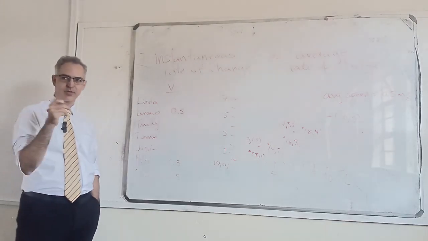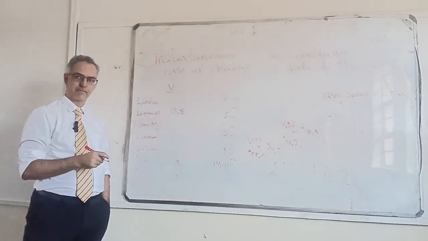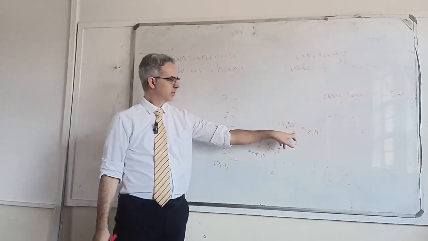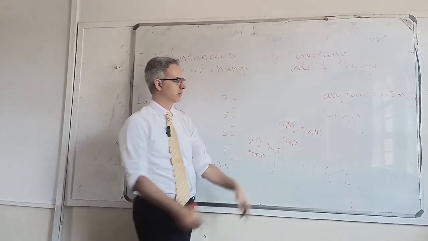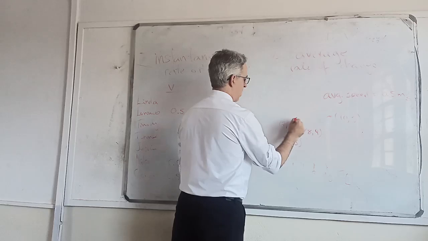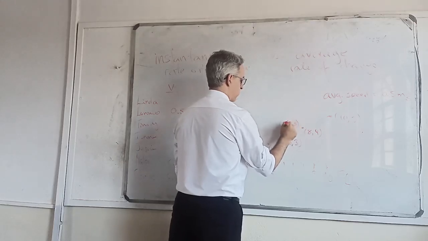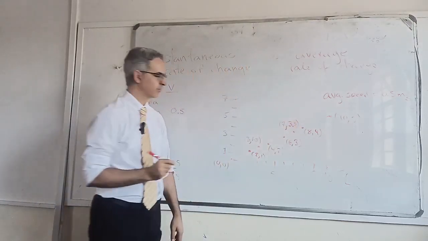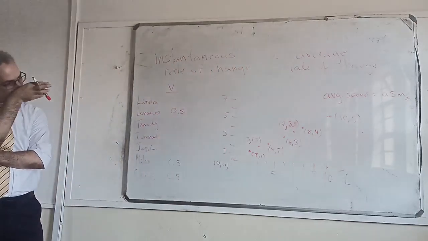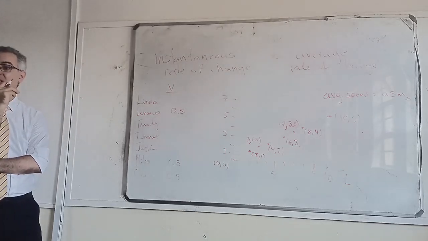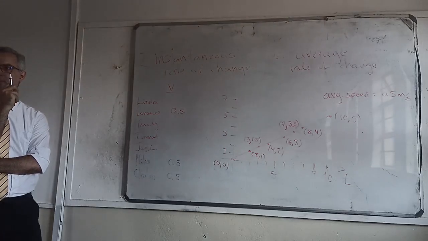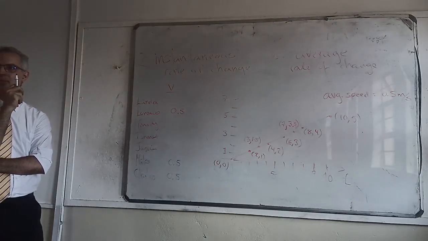Which numbers, which points are you using? 7, comma, what is this number? And you found how much? 2. 2 what?